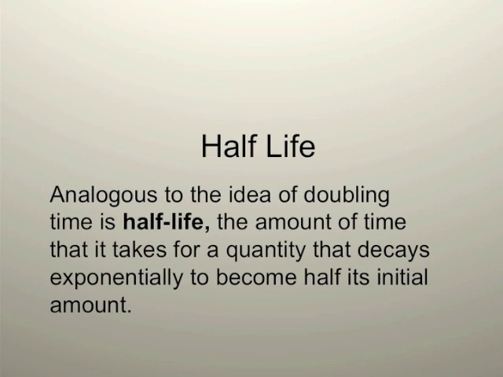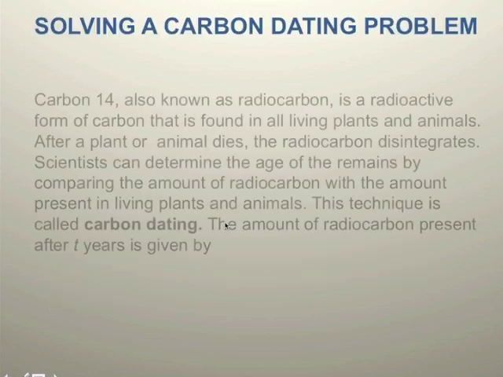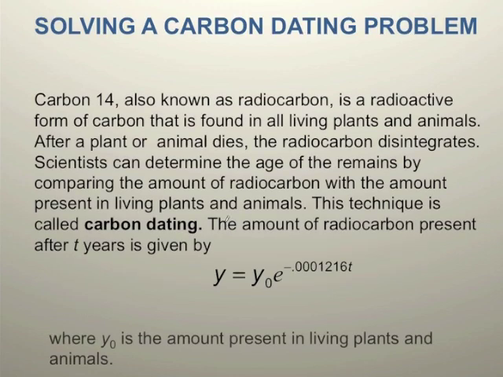Now, half-life. The idea of doubling time, which we just did, is related to half-life, or the amount of time it takes a quantity that decays exponentially to become half of its original amount. So carbon-14, known as radiocarbon, is a radioactive form of carbon that is found in all living plants and animals.